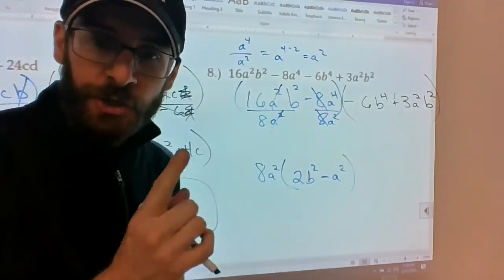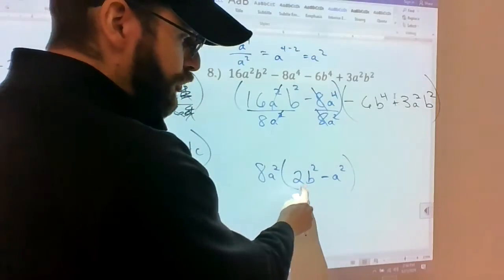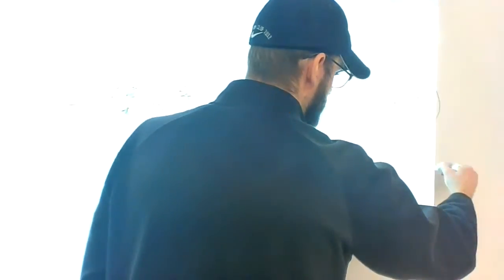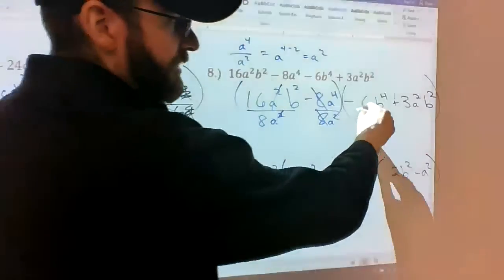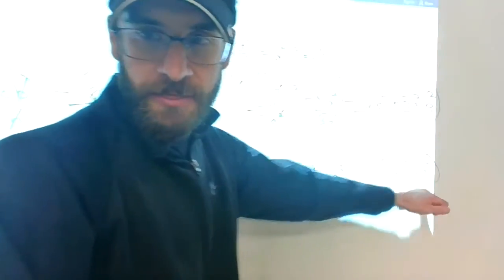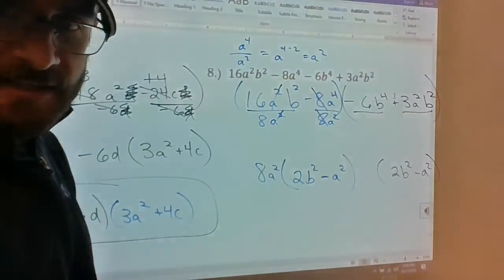Okay, so now what we're doing is we are trying to replicate or recreate 2b squared minus a squared. And the question is, what do we divide these terms by to create the 2b squared minus a squared?